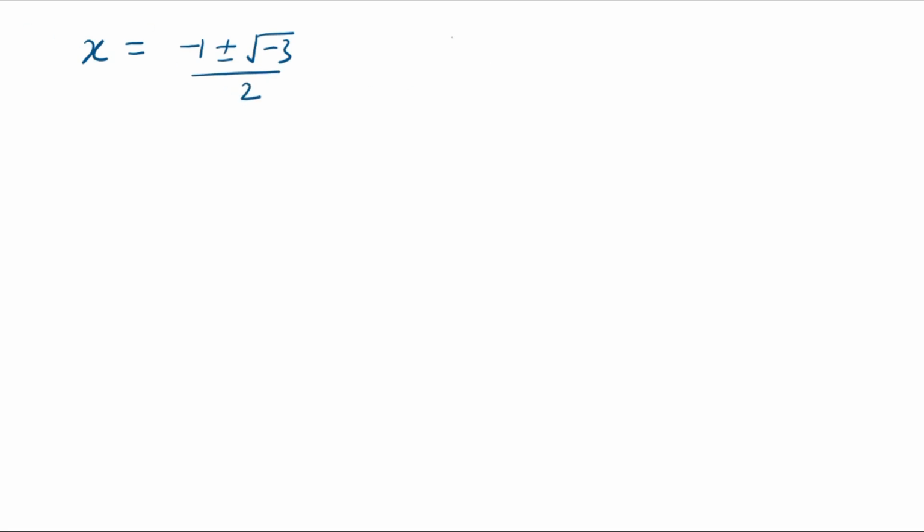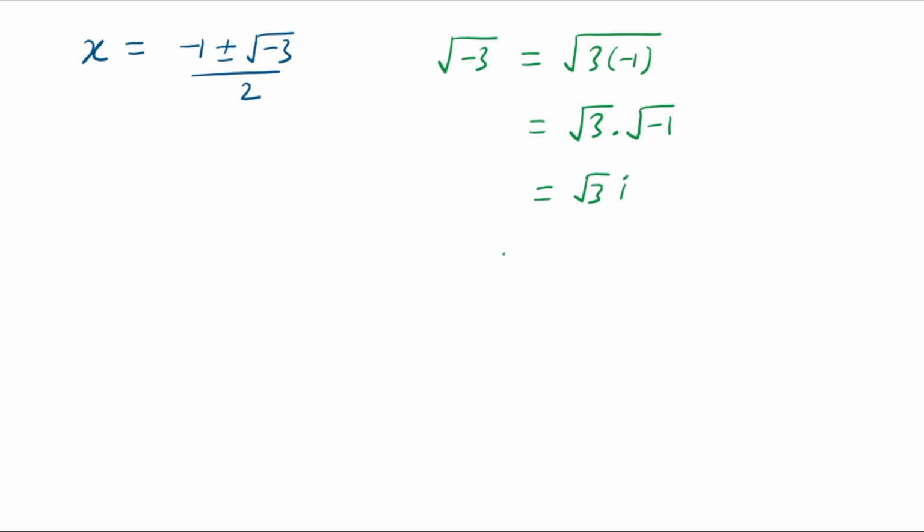We know that square root of minus 3 is equals to square root of 3 times 1, and we can write this expression as square root of 3 times square root of minus 1. Then square root of 3, and this square root of minus 1 is iota. So value of square root of minus 3 is equals to square root of 3 times iota.